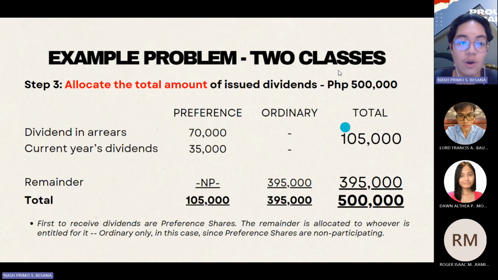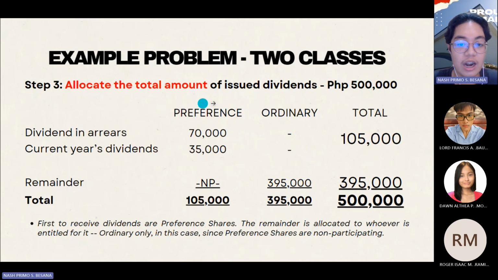Ayan. So after mo ma-compute yung dividend in arrears, you can allocate the total amount of issued dividends, which is yung given na 500,000 pesos. So dun sa table, una talaga si dividend in arrears, 70,000 for preference. And then don't forget na hindi lang naman yung previous years yung kinonsider kay preference. May utang din si corporation for this year.